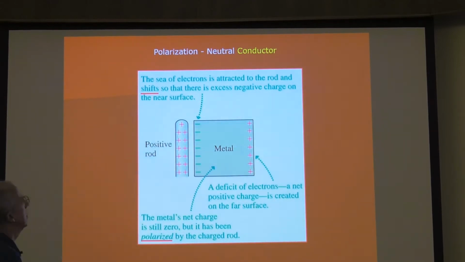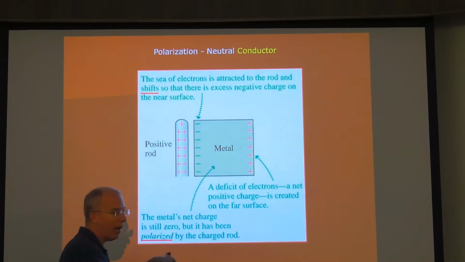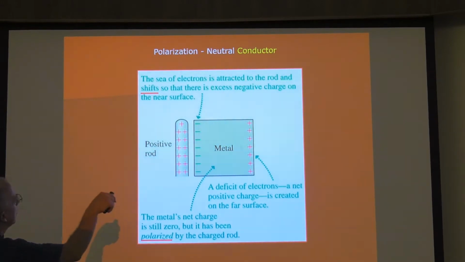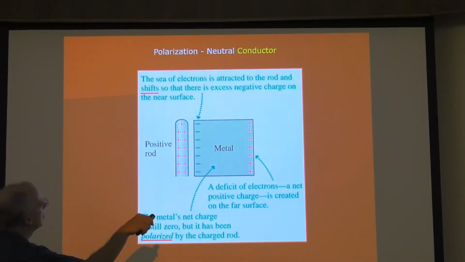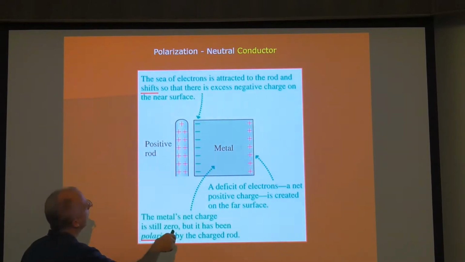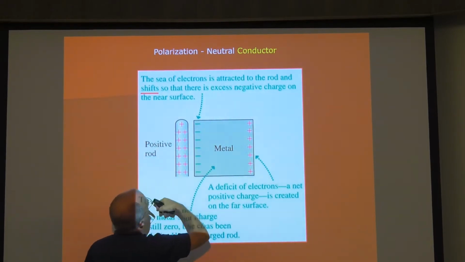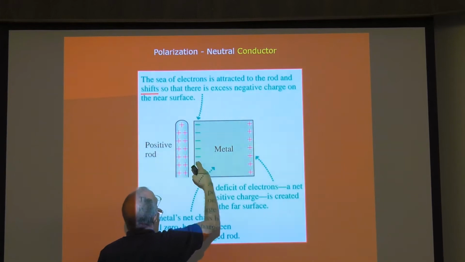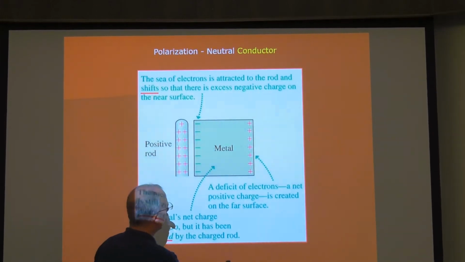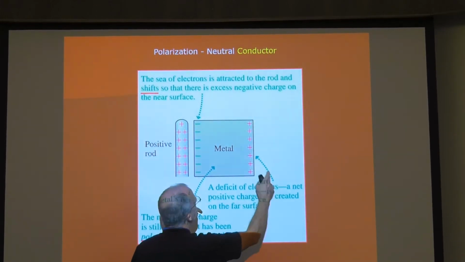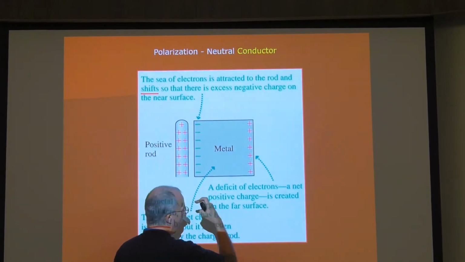So let's read all this stuff. So remember, we talked about a metal having a sea of electrons that can move, right? So the sea of electrons is attracted to the rod and shifts, right? They shift to the left. So there's excess negative charge here, there's a deficit of electrons here. So it's a net positive charge.